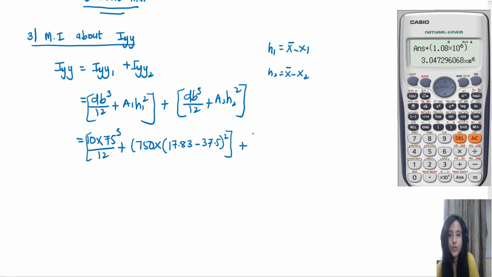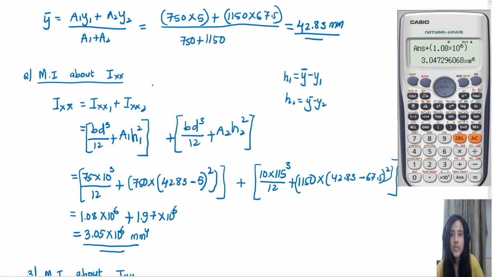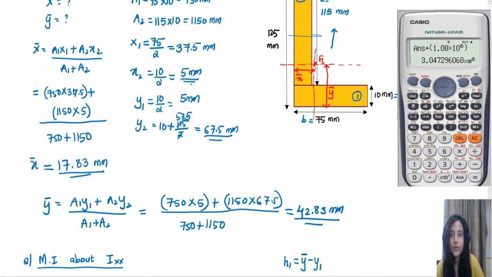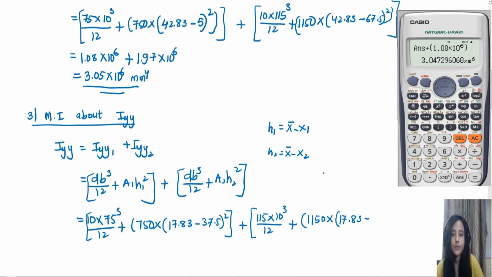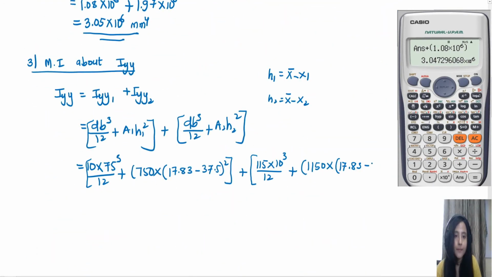For Iyy2, its depth was 115 and its width was 10 cubed by 12 plus its area was 1150 into h2, which is equal to x bar, 17.83 minus x2, which was equal to 5. So it was 5 the whole square.